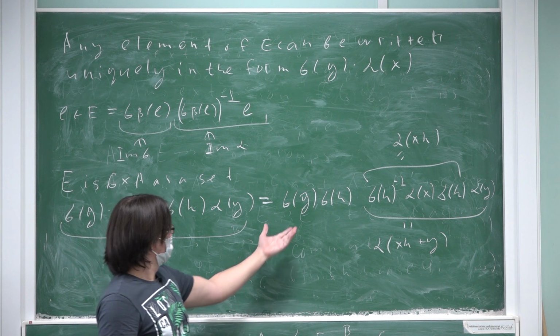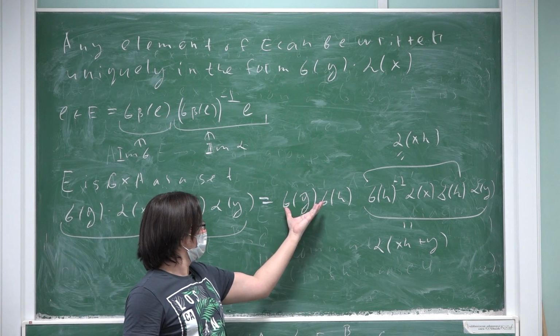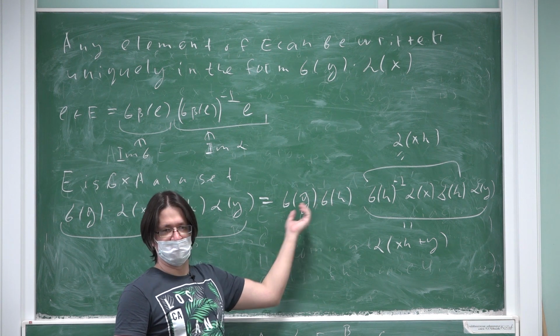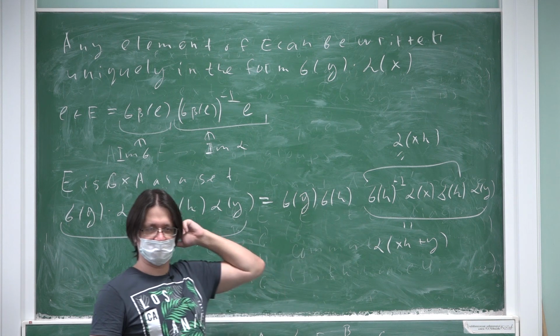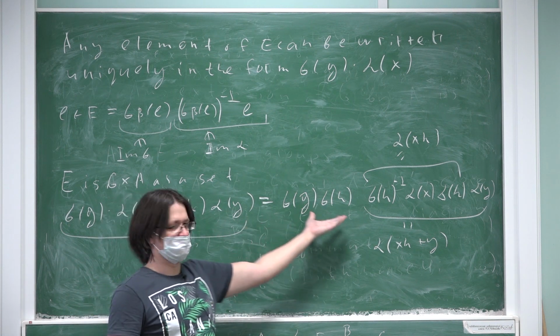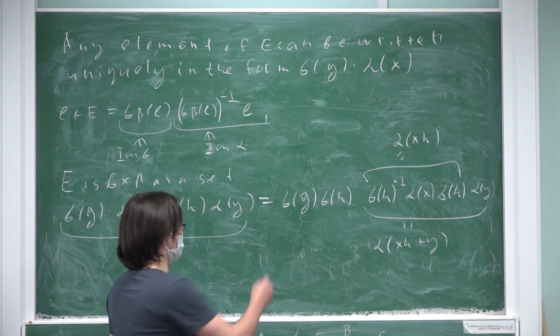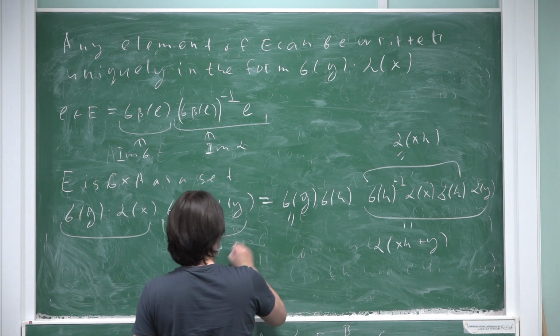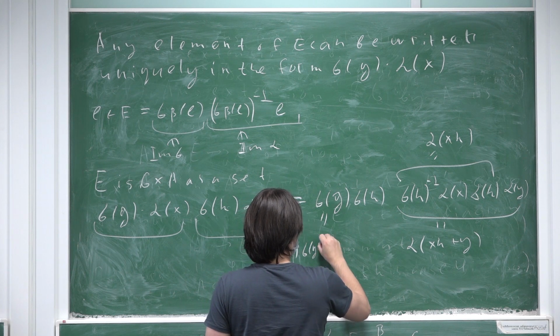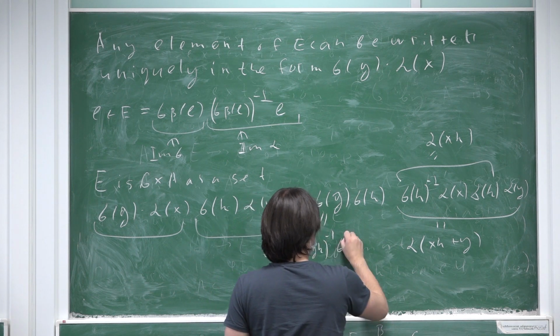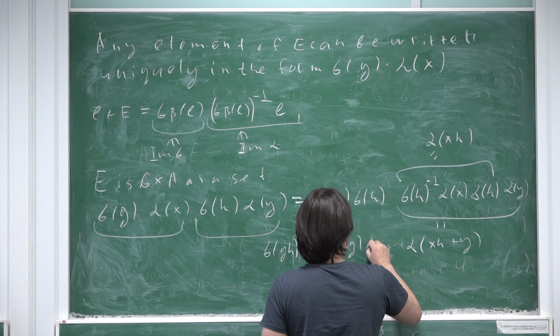If sigma was a group homomorphism, then it would be simply sigma of gh, yes? But now we can't write sigma of gh, but let us try. So we will write sigma of gh inverse, sigma of g, sigma of h.